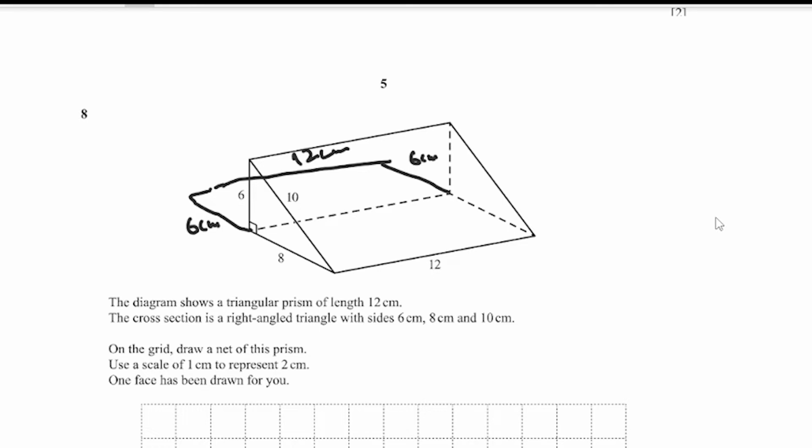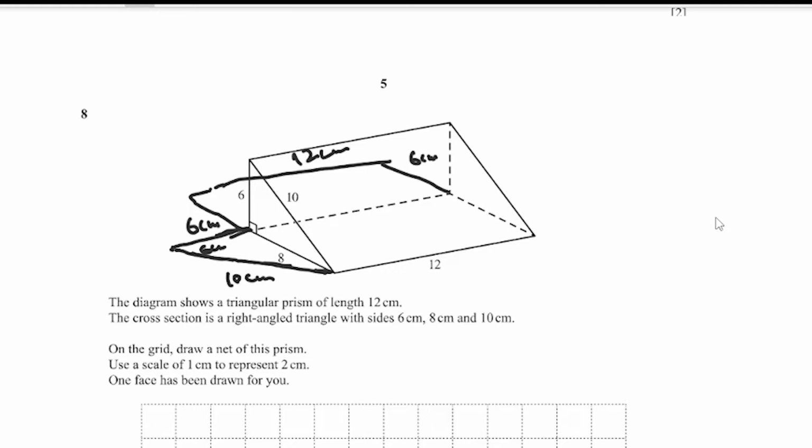So for this face, we will draw 6 centimeter, and this one should be 10 centimeter. This side should be 10 centimeter.